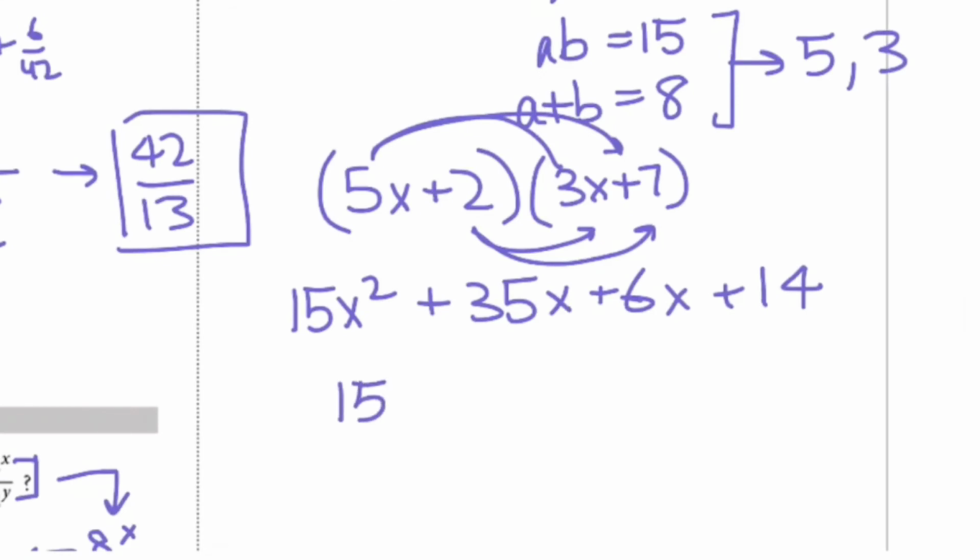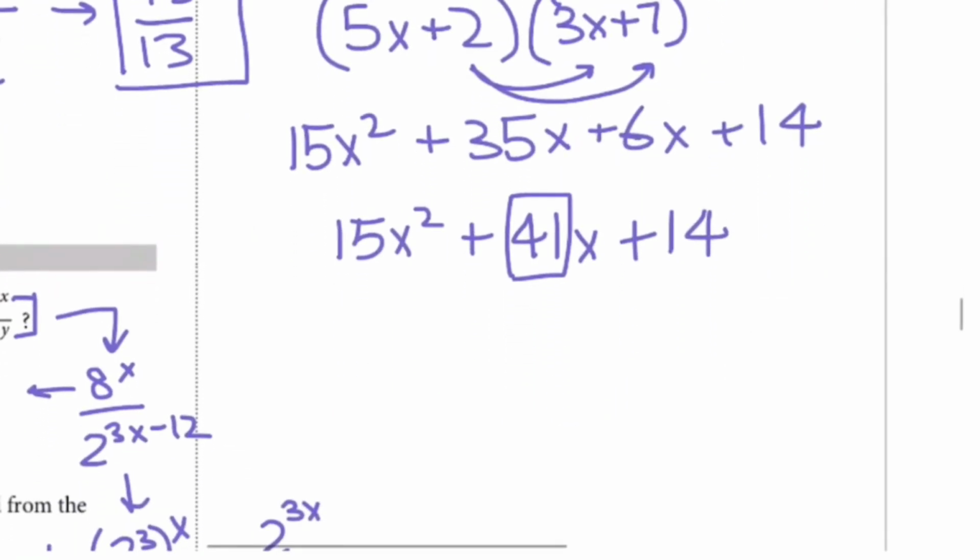So my product ends up being 15x squared plus, let me just erase that, plus 41x plus 14. So if a is 5 and b is 3, my c value ends up being 41.